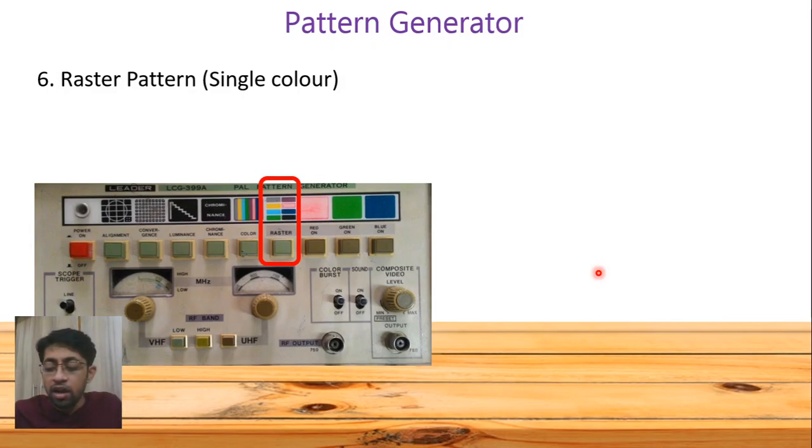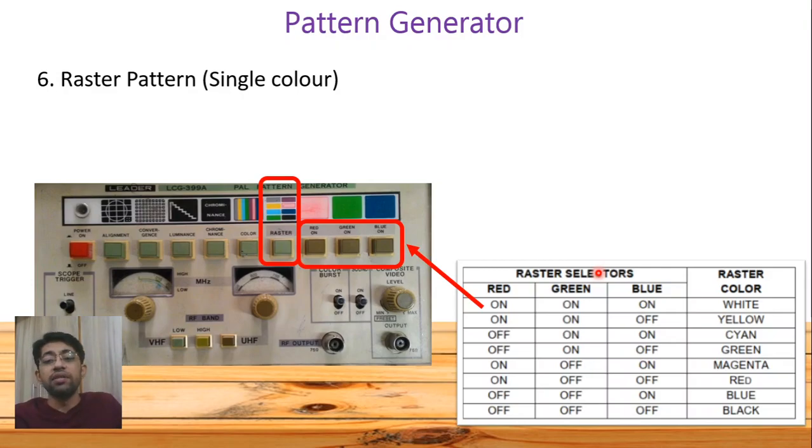Here, to produce different colors, three additional switches are given. These three switches are for the primary colors, that is R, G and B. By switching these three on and off, one can produce 8 different colors, and you can observe these colors on your TV screen.